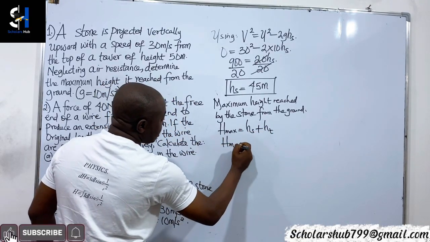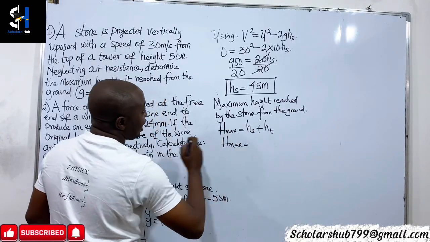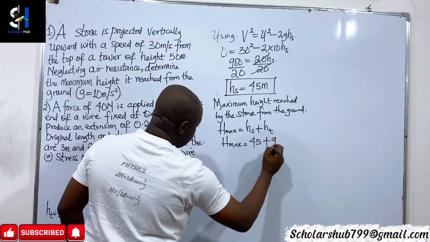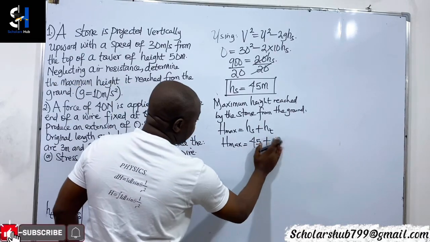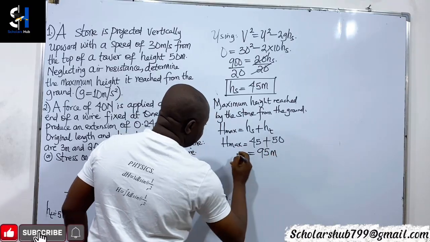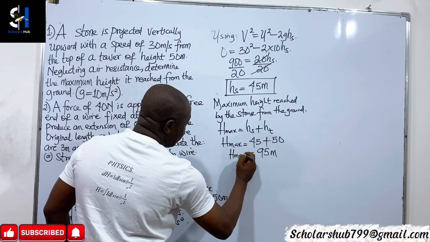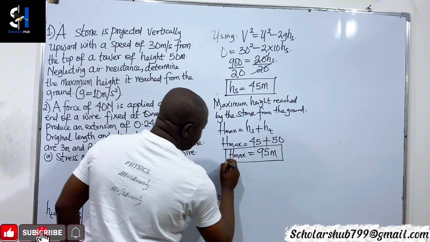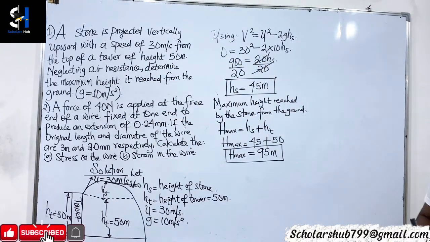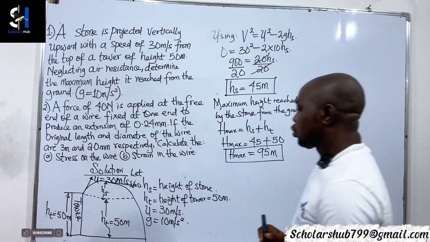So h max will be equals to height of stone, which is 45, plus 50, and this will be equals to 95 meters. So the maximum height reached by the stone from the ground is 95 meters. Okay, so that's question number 1.